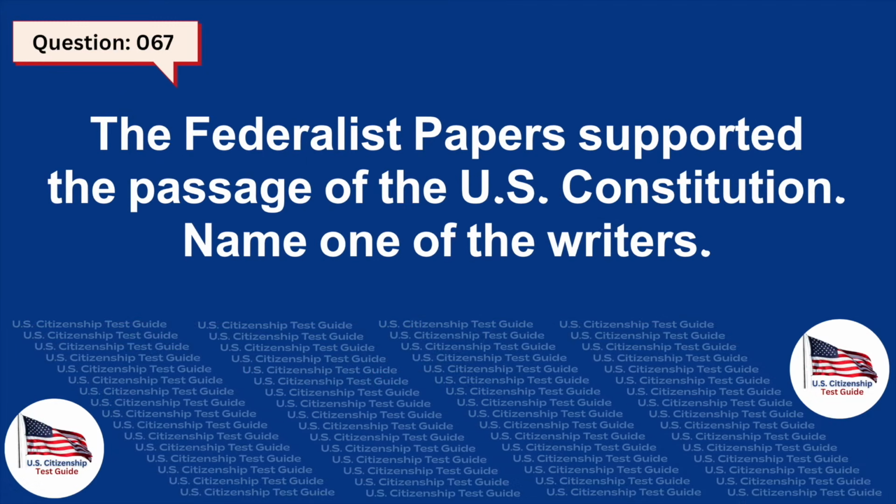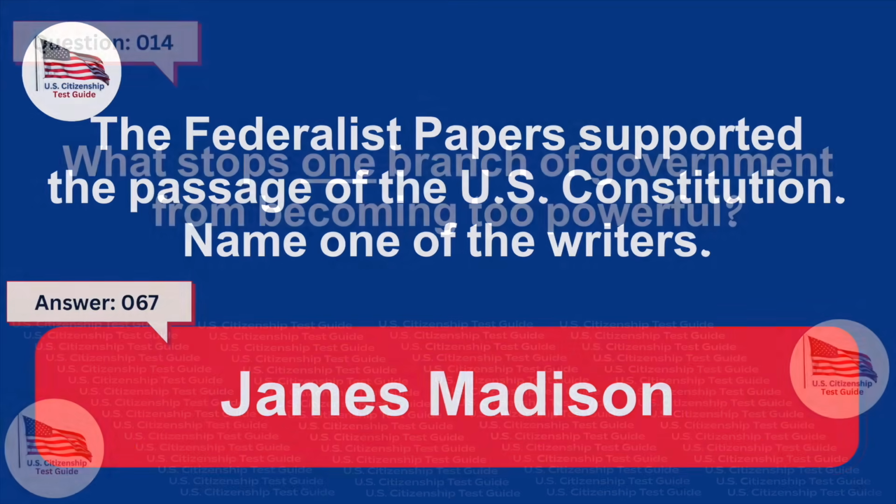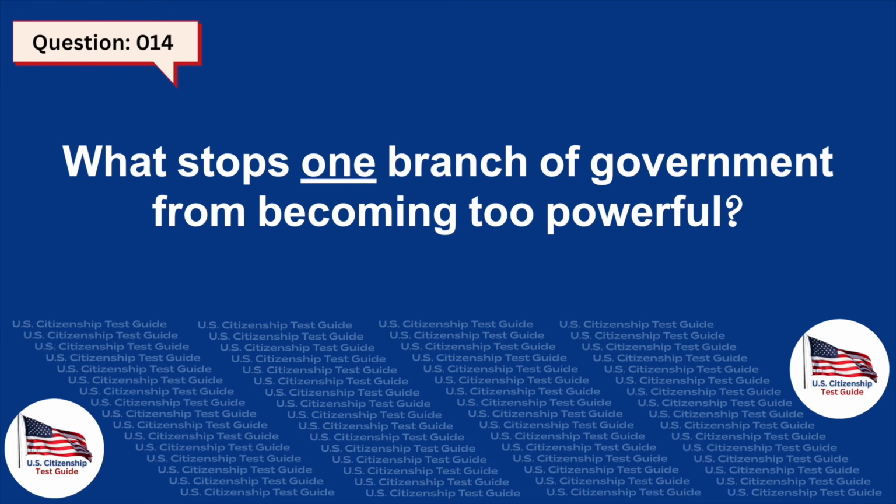The Federalist Papers supported the passage of the U.S. Constitution. Name one of the writers. James Madison. What stops one branch of government from becoming too powerful?